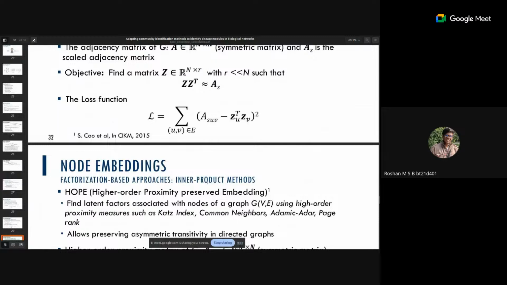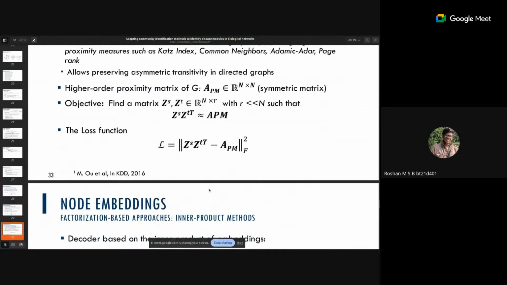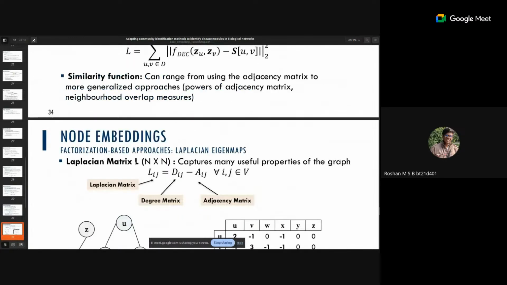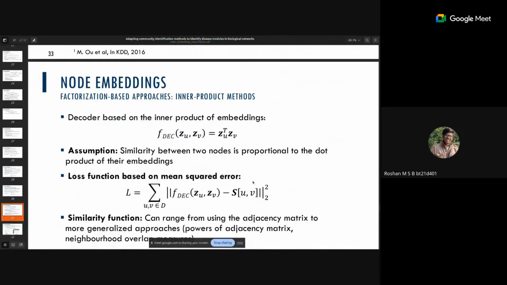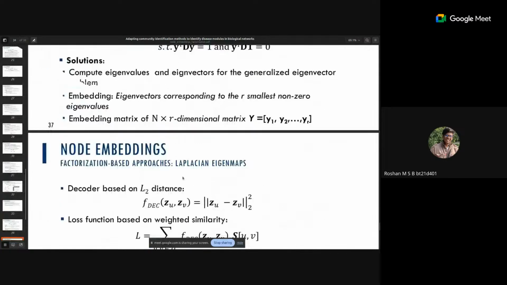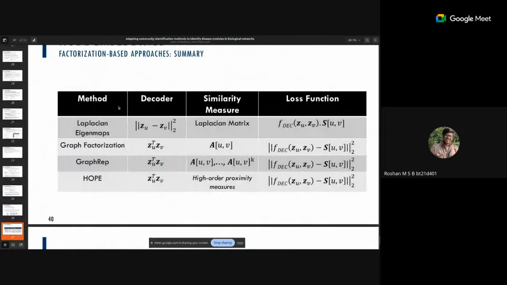And it's all based on the loss functions here. So basically, I think there'll be a table where it explains each approach. Okay. So there are different methods of getting these embeddings.